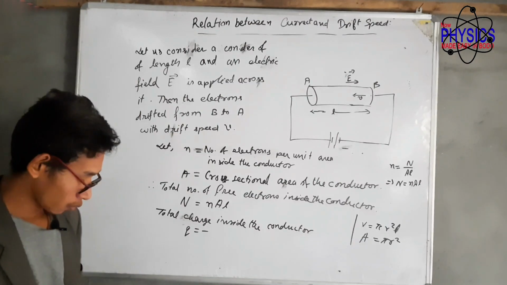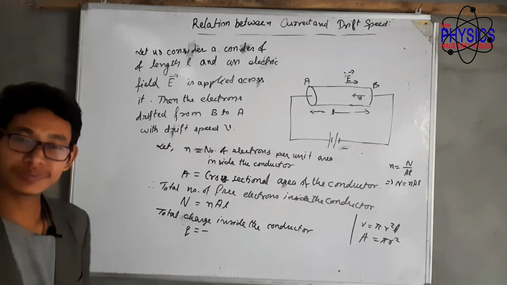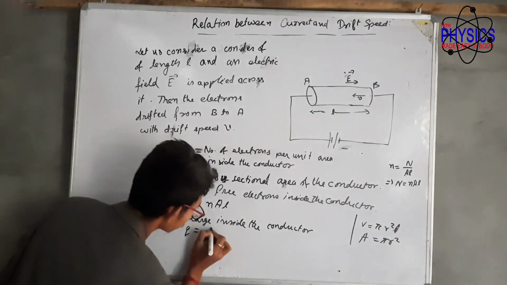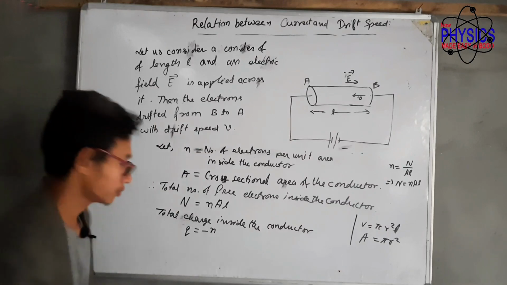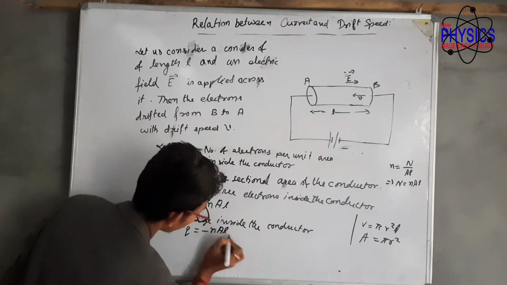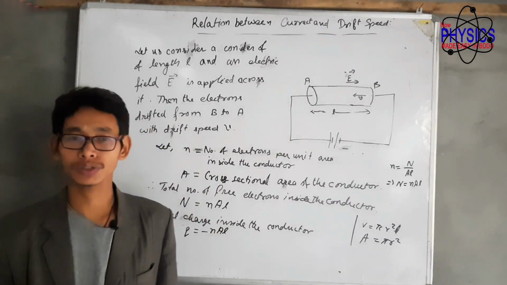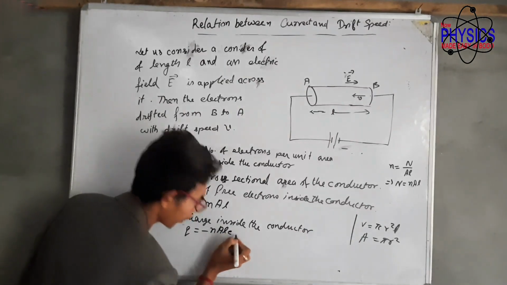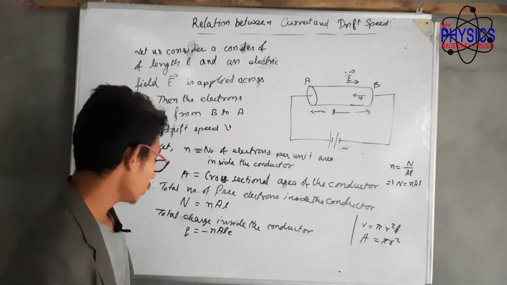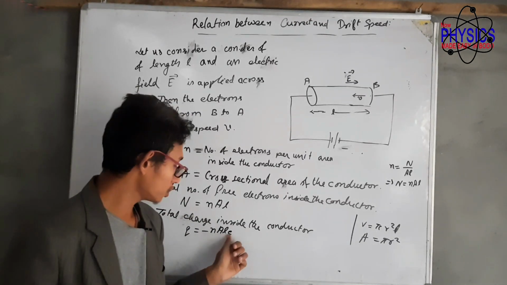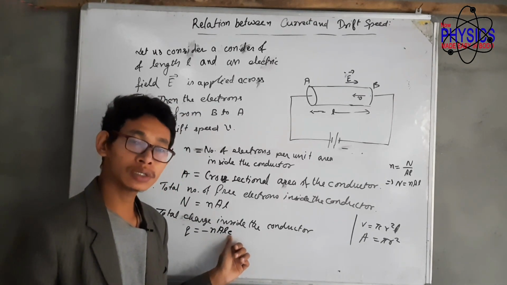Your number of electrons is N, the volume is AL, and the charge of an electron is e, that means 1.6 into 10 to the minus 19. This is the charge for a single electron.